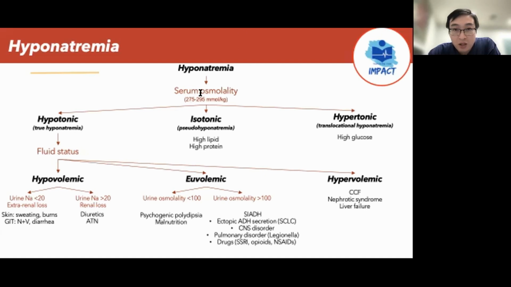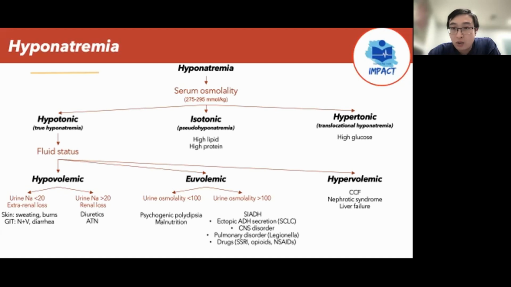I guess, based off the serum osmolality, you can divide hyponatremia up into hypertonic, isotonic, and hypotonic. Now, if a patient has hypertonic hyponatremia, this is what we call translocational hyponatremia. And there's just one thing that could be causing it, and that is high glucose.